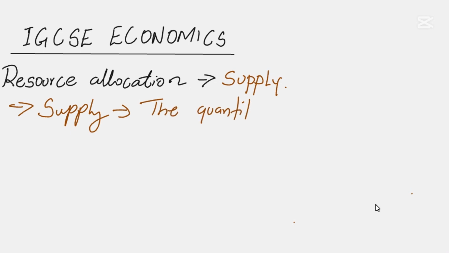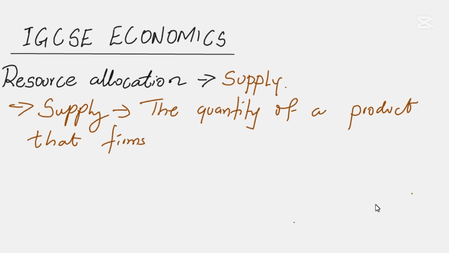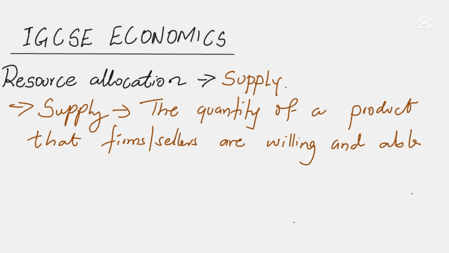So what is supply? Supply is simply the quantity of a product or commodity that the firms, the businesses, the sellers are willing and able to bring to the market at any given price and over a specified period of time.